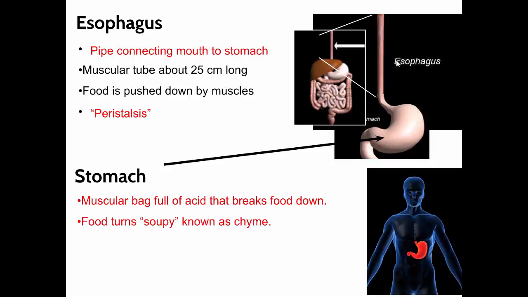Okay, and that food turns into a soupy kind of mixture called chyme. And the longer the food sits in the stomach, the more liquefied it becomes. You may have noticed this if you ever had the stomach bug: if you vomit soon after eating, the foods are still somewhat recognizable.